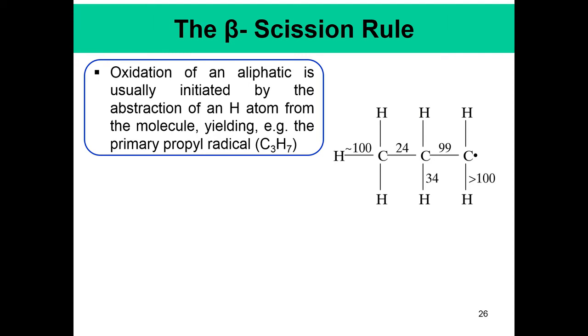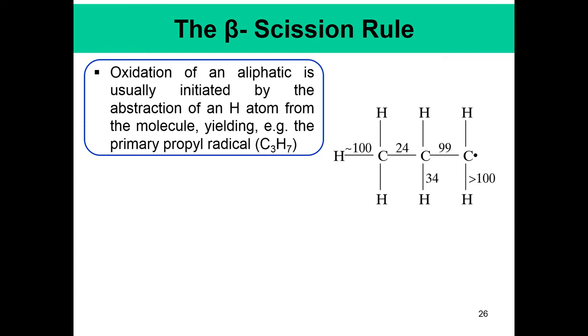Now, the beta scission rule we need to understand tells us that the oxidation of an aliphatic, that is these straight chain alkanes, is usually initiated by the abstraction of a hydrogen atom. What the stripping down of these hydrocarbons means is essentially the stripping of hydrogen atoms by this hydrogen abstraction process.